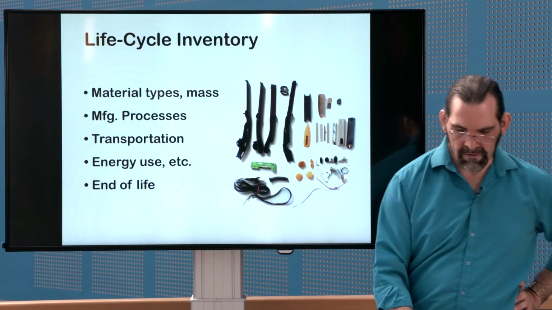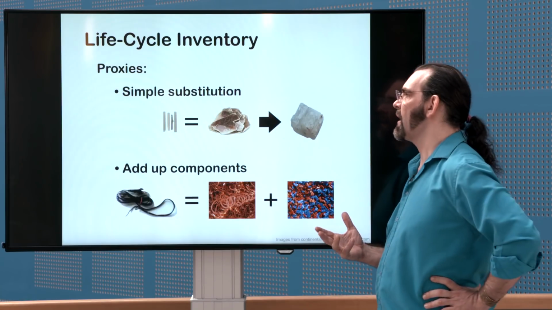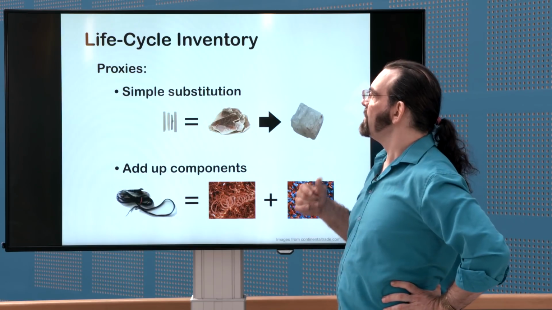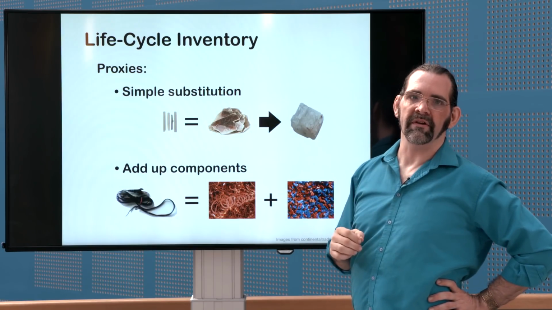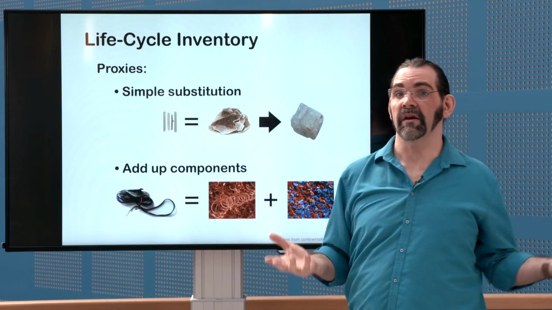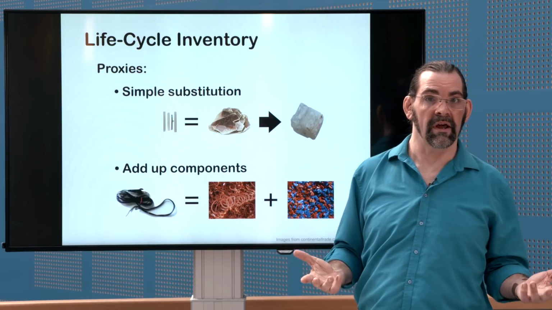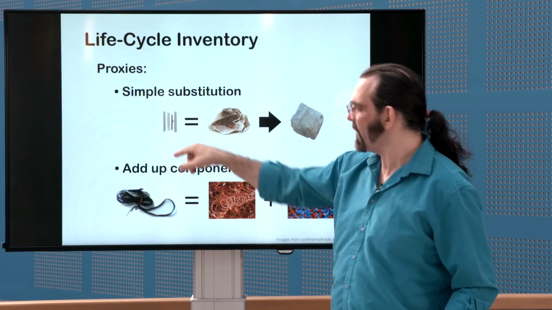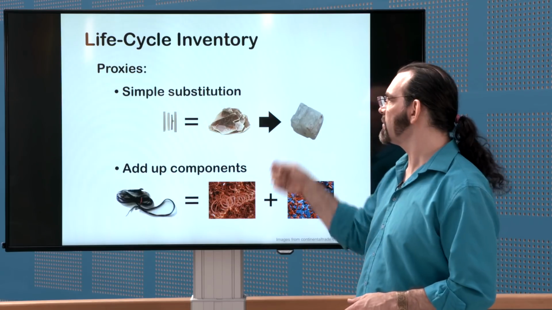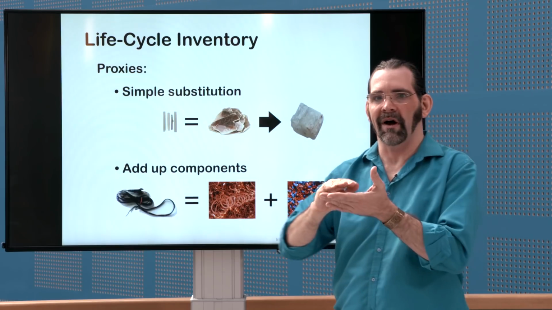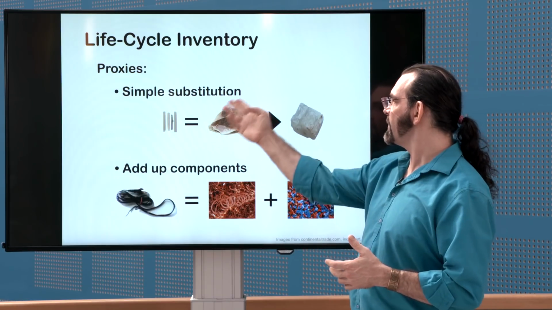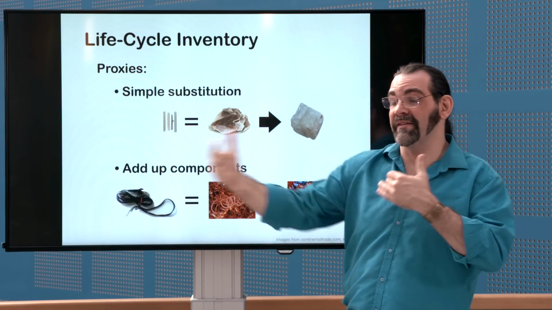And then even when you do have perfect data, because you're the one designing it, you still often have to use proxies. And that's because some of this stuff is not in the databases that you're looking for it in. So for example, this material here from this hair straightener, that was little sheets of mica to be fireproof for heating. And so that's a nice simple mineral, but it's not in the database.